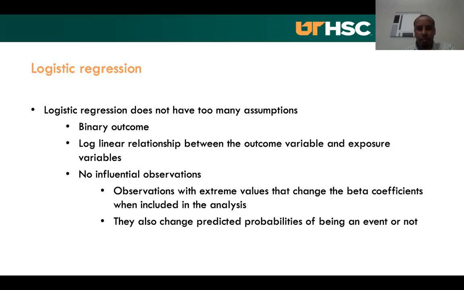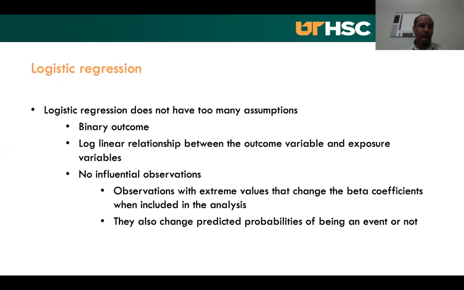the exposure variables. And the other assumption in logistic regression is that there are no influential observations or no extreme outliers. So the influential observations are observations that can affect the beta coefficient significantly.